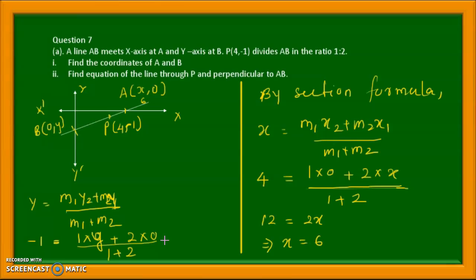So 2 into 0 is 0, and 1 into y becomes y, so minus 1 equals y by 3, which implies y is equal to 3 into minus 1, that is minus 3. So we got the coordinates of A and B.